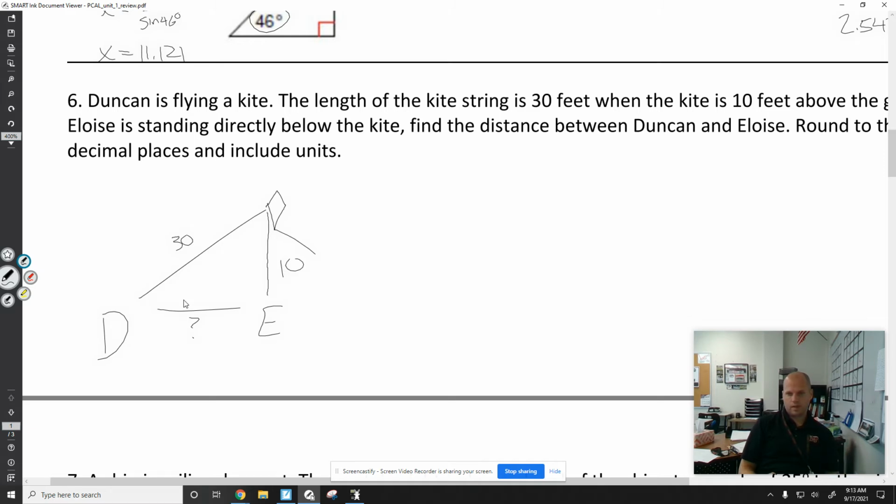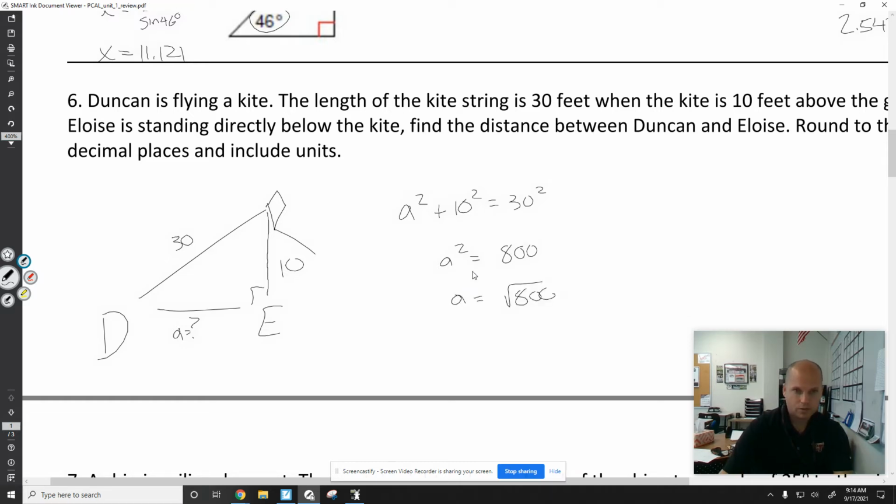You don't have to use trigonometry. You can use the Pythagorean theorem here. We could call this, I don't know, A. A squared, we have a right triangle, so that's why we can use the Pythagorean theorem. A squared plus B squared equals C squared. A squared equals 900 minus 100, so 800. So A is root 800.